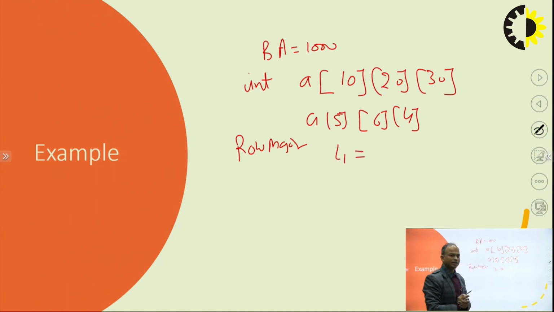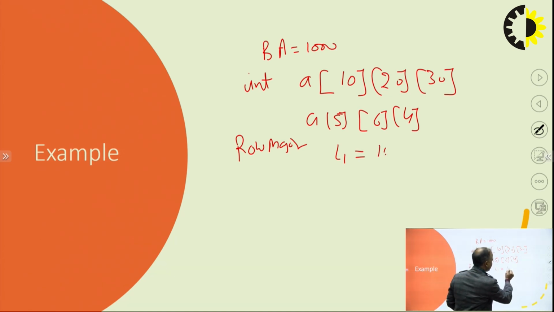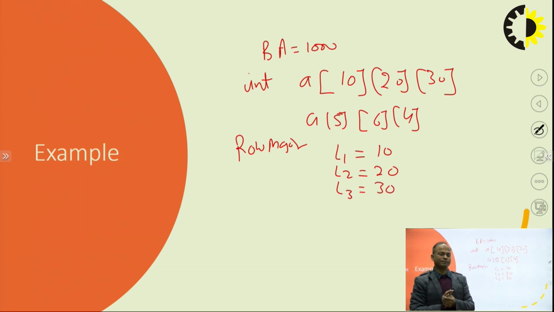L1 is the length for dimension 1, starting from 0 and going up to 9. So L1 is 10. L2 is starting from 0 going up to 19, so L2 is 20. Similarly, L3 is 30.